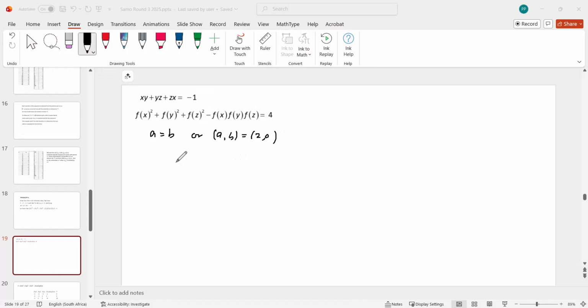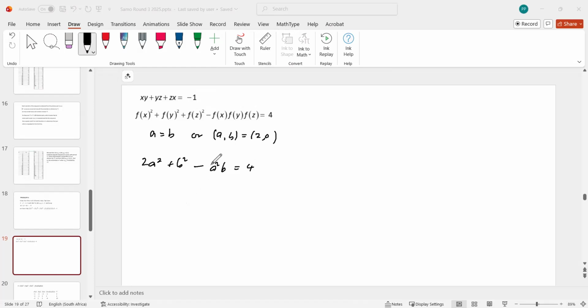Okay, so now if A is equal to B, remember you had 2A squared plus B squared minus A squared B is equal to 4. I think we have something like that.